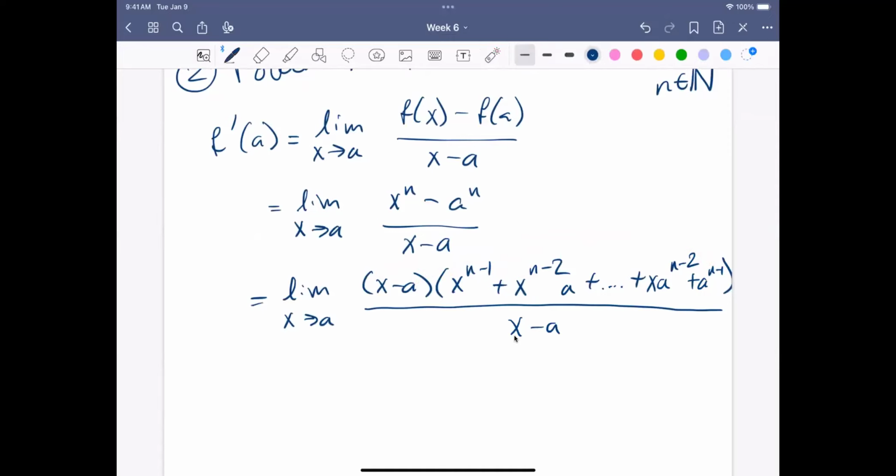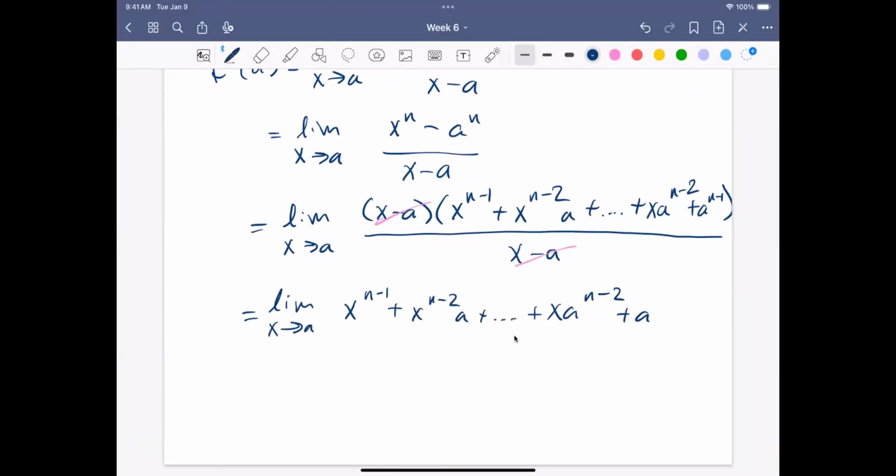And then we can see here, I've got an x minus a factor on the top and on the bottom. Those are going to cancel each other. And so I have the limit as x approaches a of x to the n minus 1 plus an x to the n minus 2 times a plus and so on, times a to the n minus 2 plus a to the n minus 1.